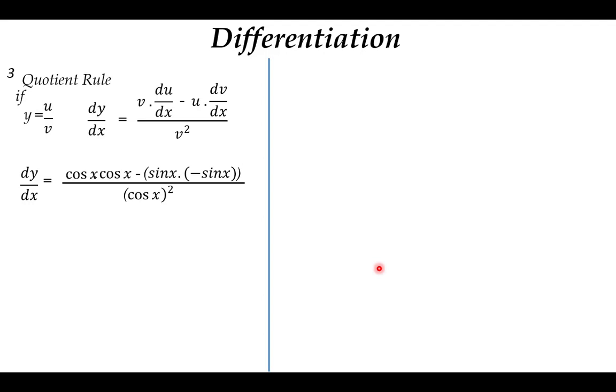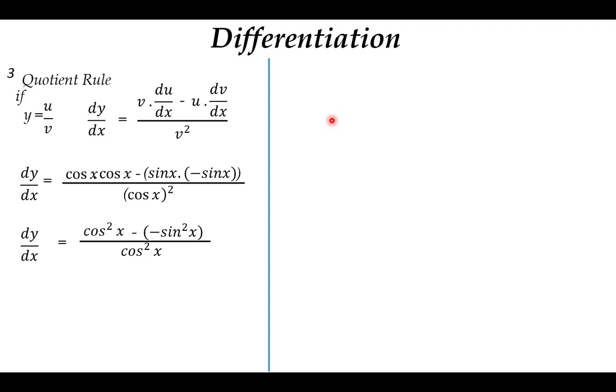So if we simplify this equation here, we would have that dy/dx will be equal to cos x times cos x, which is cos squared x, minus sin x times minus sin x, which is minus sin squared x, all over cos squared x.